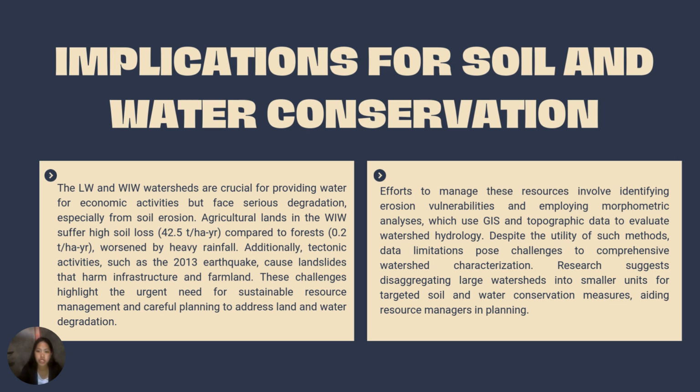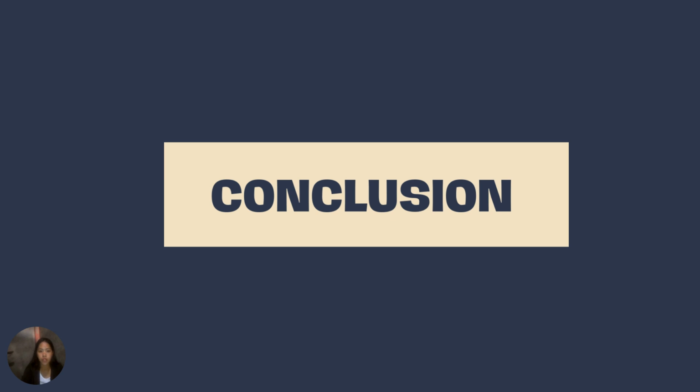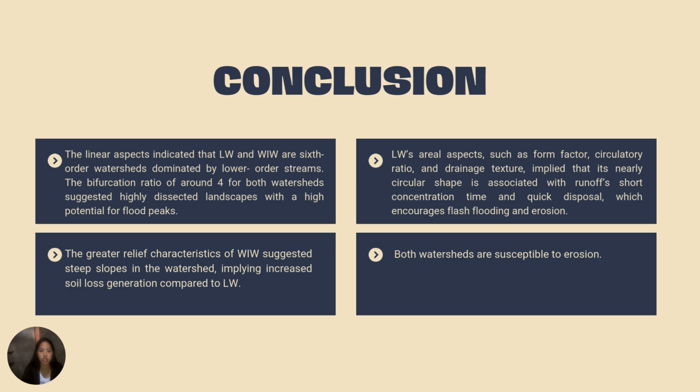Despite the utility of such methods, data limitations pose challenges to comprehensive watershed characterization. Research suggests disintegrating large watersheds into smaller units for targeted soil and water conservation measures, aiding resource managers in planning. Now let's go to the conclusion.